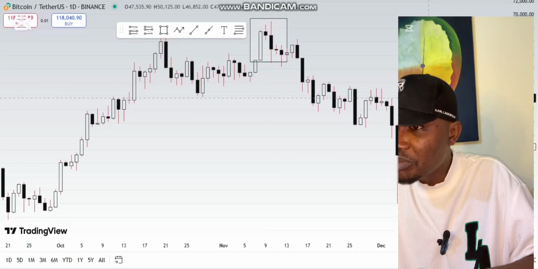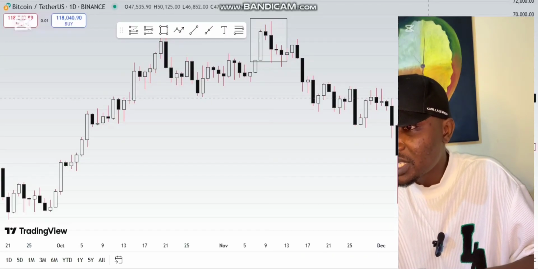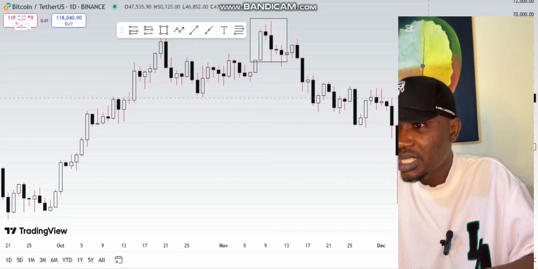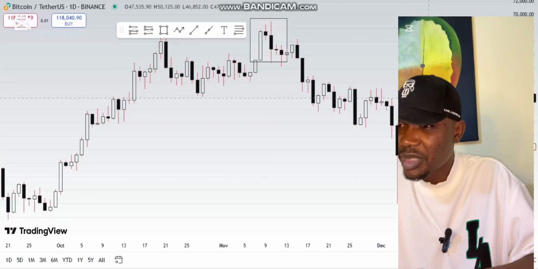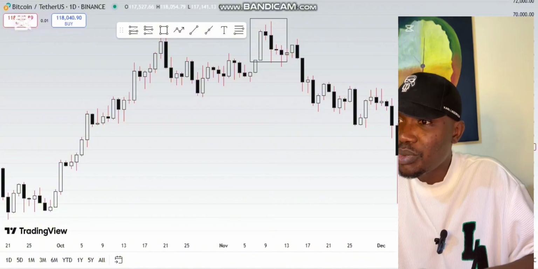The same applies to the morning star as well. After this, boom, Bitcoin started selling from that point. I hope this was clear. This is a fully formed, classical evening star.